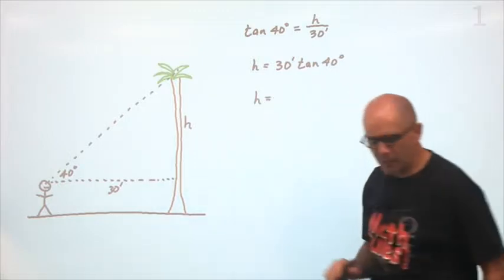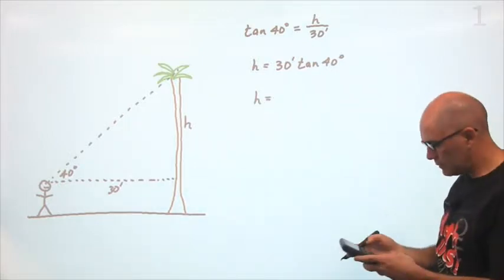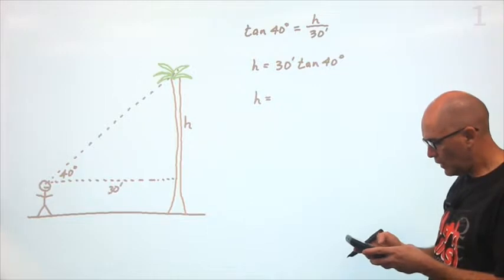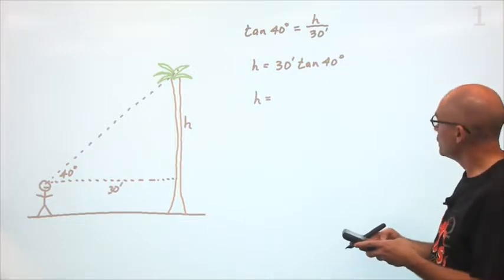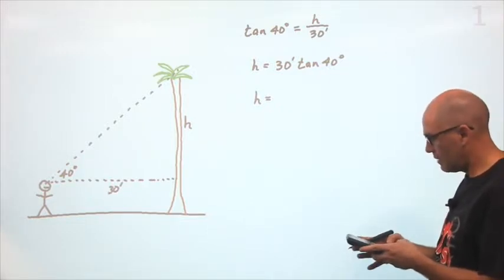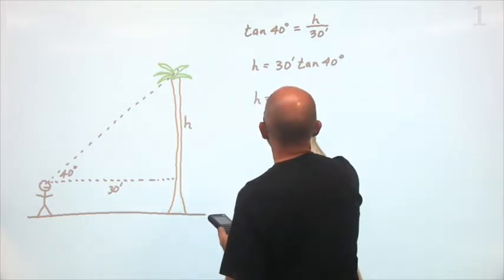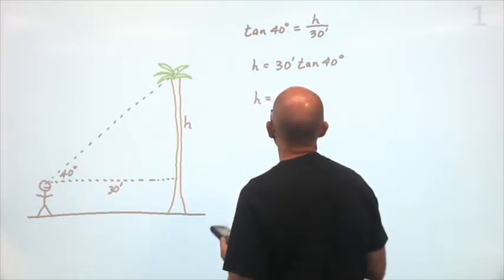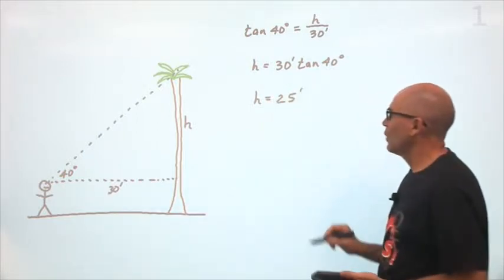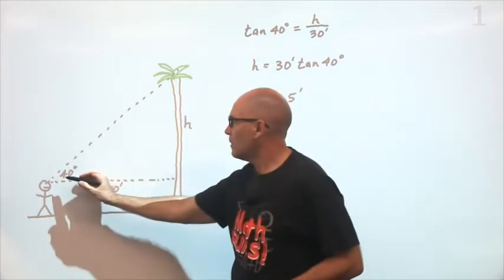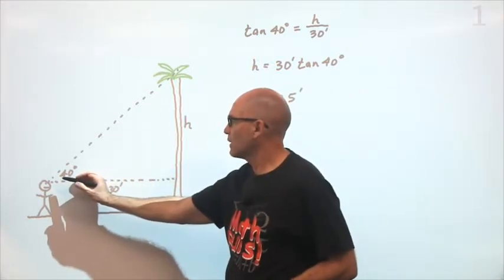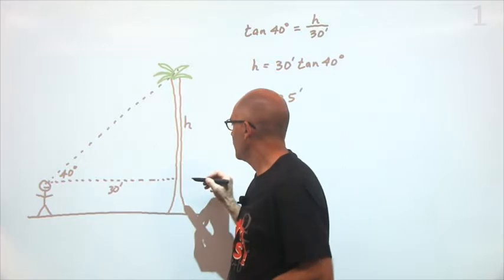So I crank that out in my calculator. So 40 tangent, times 30, and that's 25.17 feet. So we'll just say 25 feet. Now, let's say we know that the person looking is looking at a height of 6 feet.